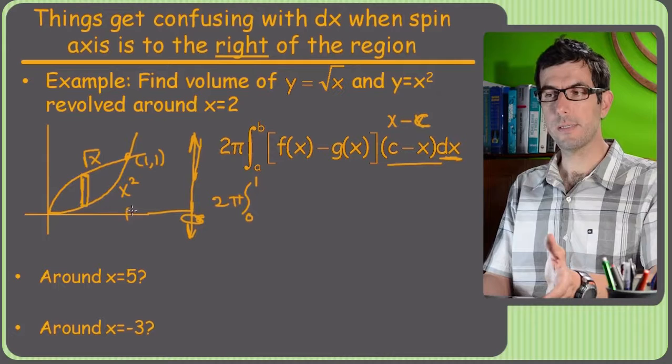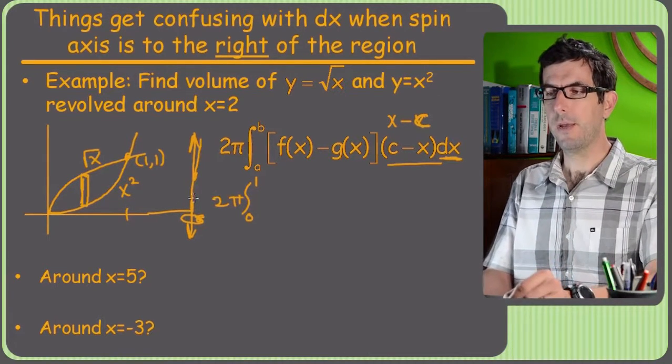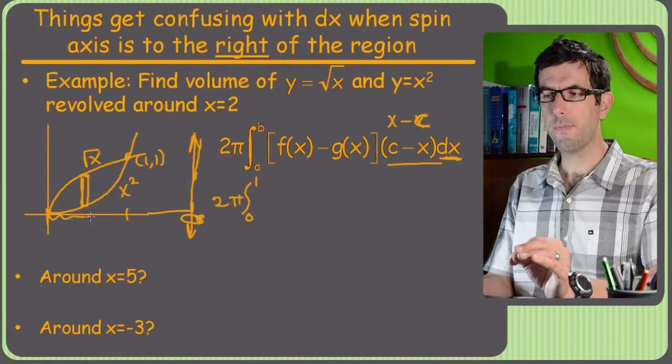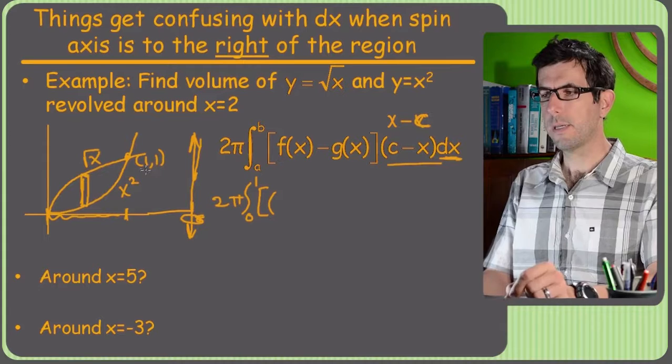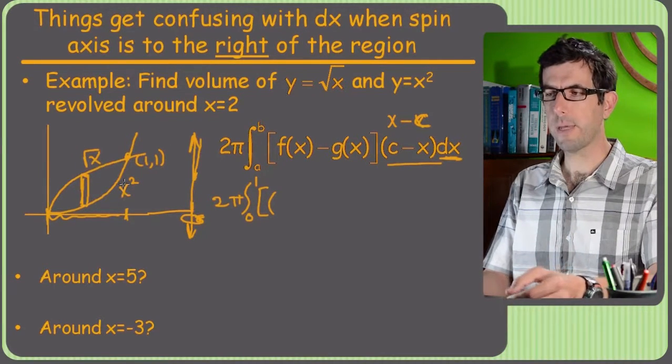Now the radiuses of the various pipes throughout this region are going to be different than that, but the limits of integration come only from the region itself, which goes from 0 up to 1. All right, so f of x minus g of x, that's just the height of each little rectangle, right? That's going to be root x minus x squared.